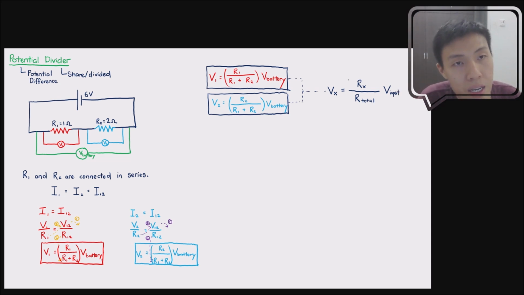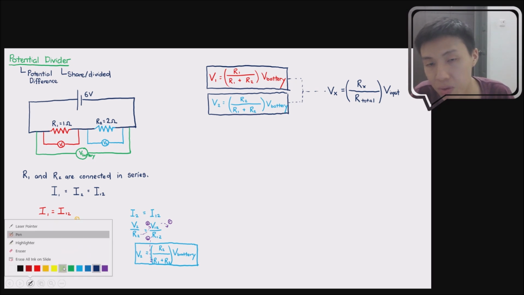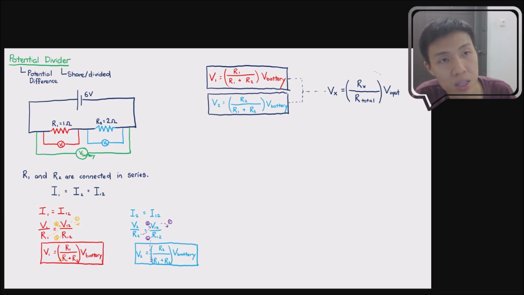Okay, so these things require a bit of explanation. Basically, if I want to describe it, this V input here will be how much energy is provided across the series circuit.